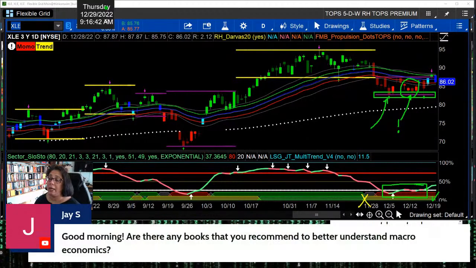All right. Jay asks, are there any books that I recommend to better understand macroeconomics? I like the, oh gosh, what was it called? I'm totally drawing a blank on the name of the book. It's a pretty short book about where Japanese monetary policy has taken Japan, and it's got the word macroeconomic in it.